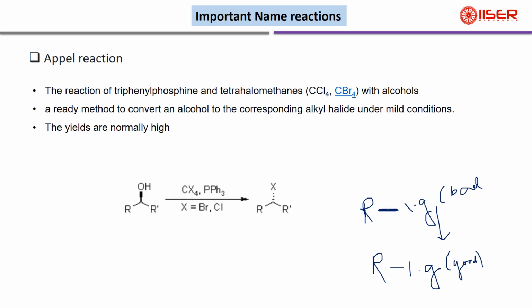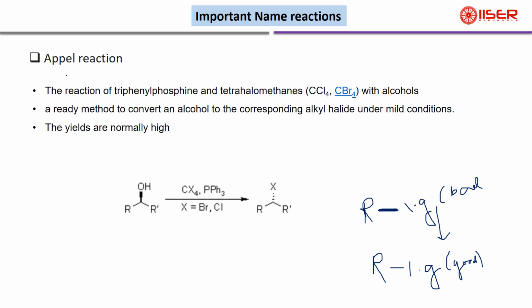So one example of this is the Appel reaction. This is a reaction of triphenylphosphine and tetrahalomethane with alcohol.